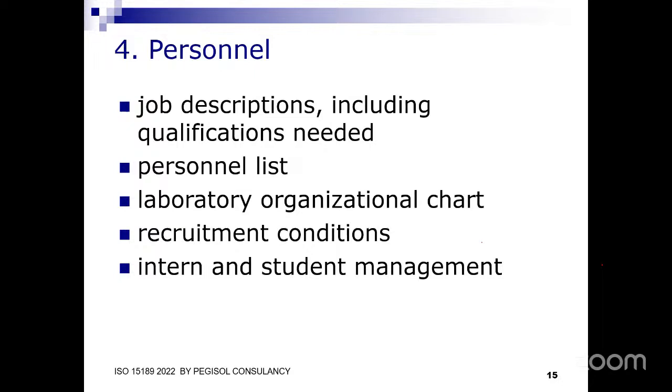You can have lists in terms of, say, scientists, pathologists, technicians, or safety officers. But if you write names of people and they leave, you will need to edit it.